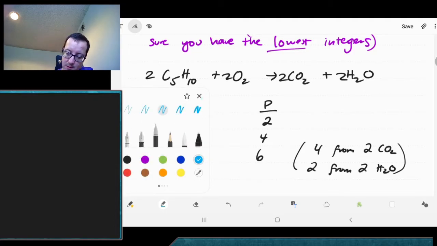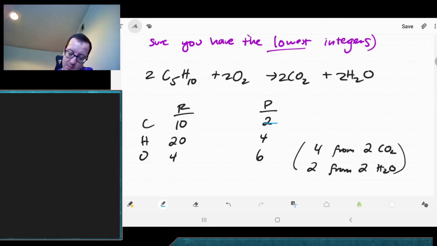Actually, I've been doing light blue to be consistent here. So let's just go ahead and balance this. If we need this one to have 10, we're going to need to change this coefficient to 10. So we have 10 carbon dioxides now. So that means we have 20 oxygens there.